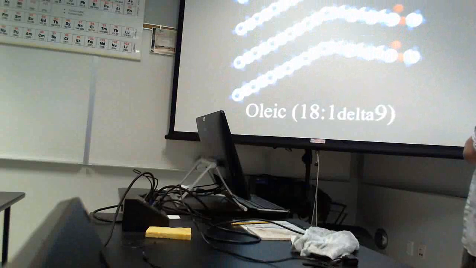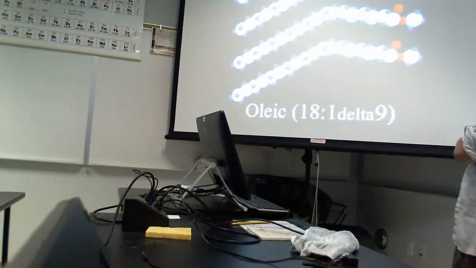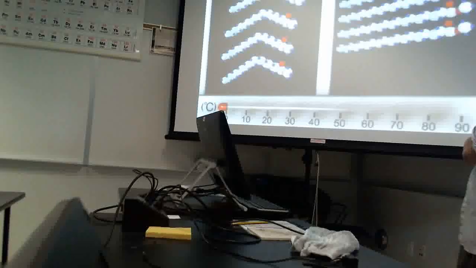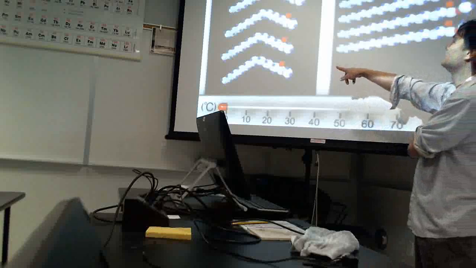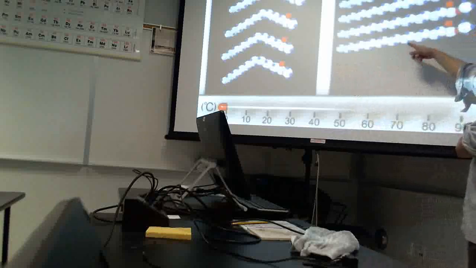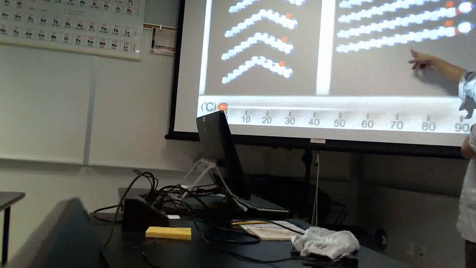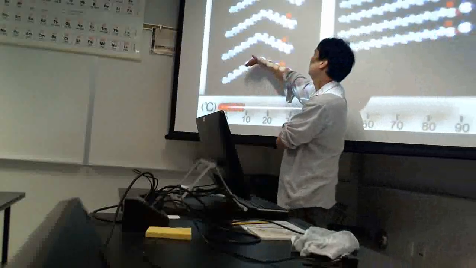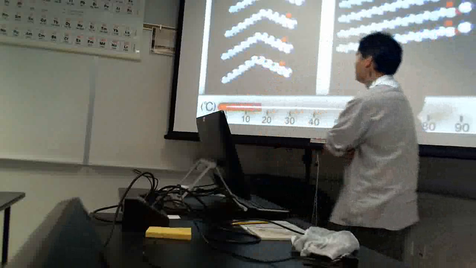That affects its state. Having that kink in there means it's harder to pack together versus these. These are totally unkinked. And this kink comes from having that double bond in there.